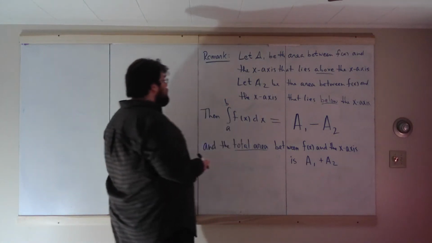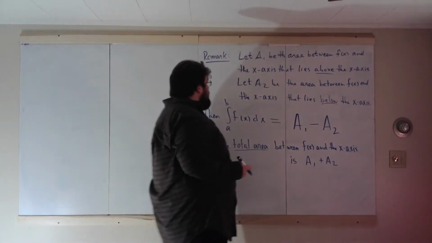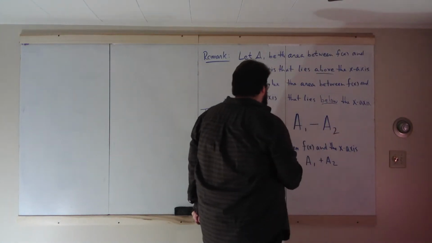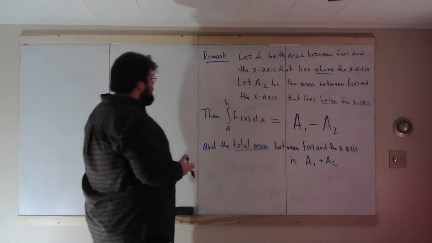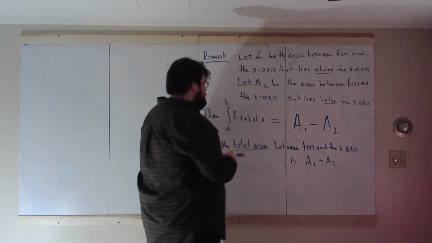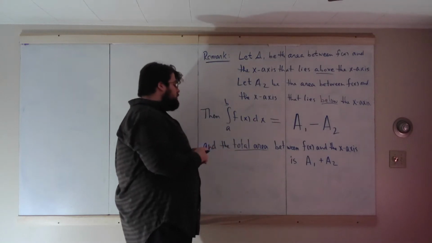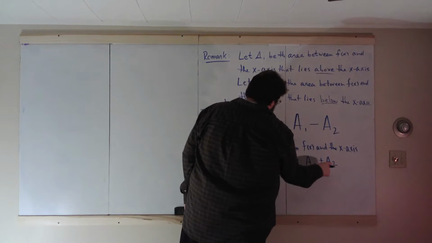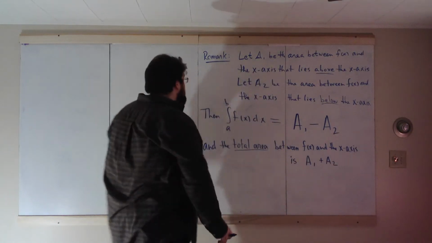So the definite integral is given by the area above the x-axis minus the area below the x-axis. And just so we have this concept, which we'll need for our last remarks on the net change theorem, the total area we'll define to be A1 plus A2.